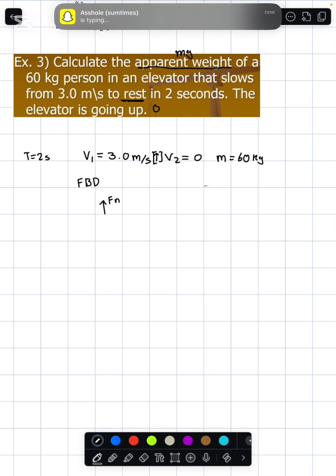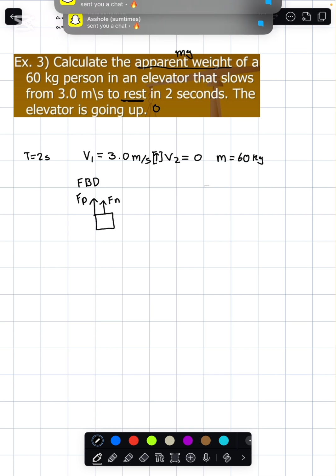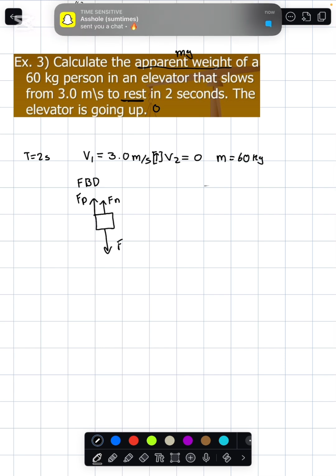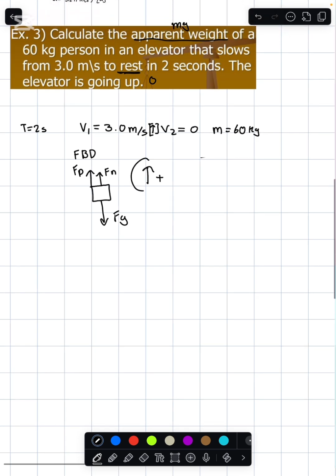So force normal, and we're also going to have our force of P, FP, and then our force of gravity is what's going to be pulling us down, so our FG. So we're going to make up positive and down negative. So our up is going to be represented as a positive value.